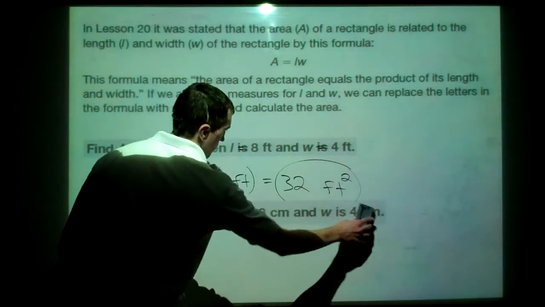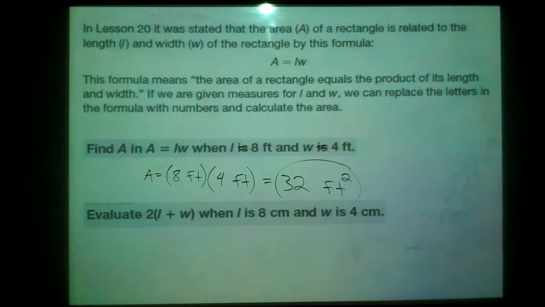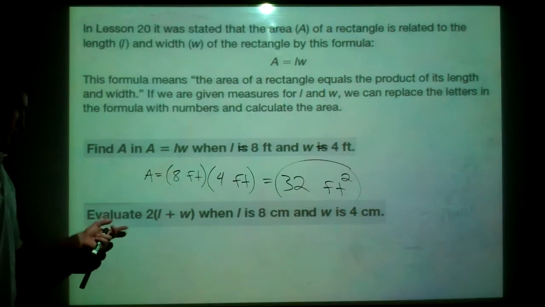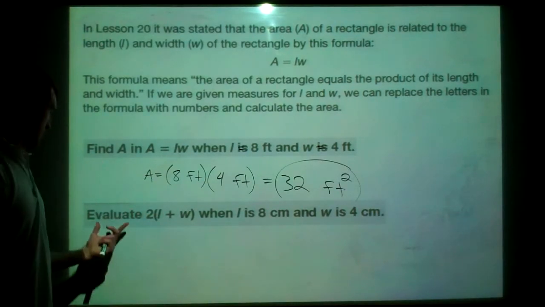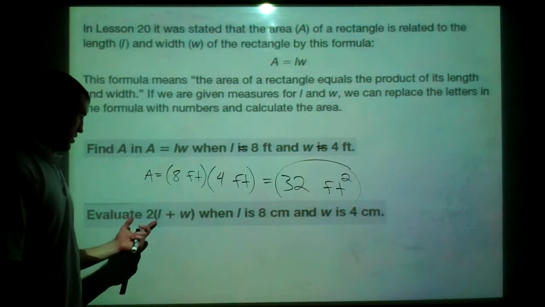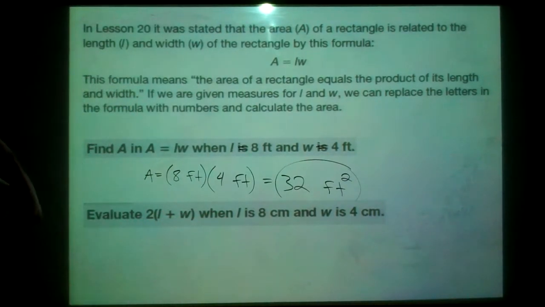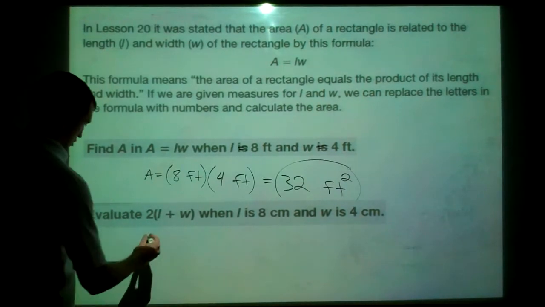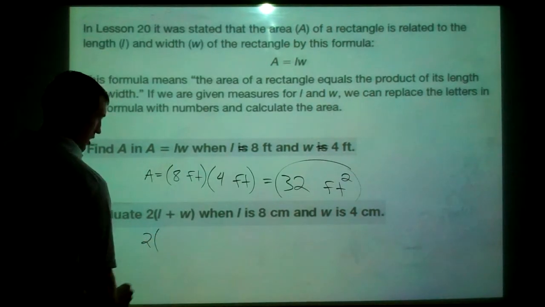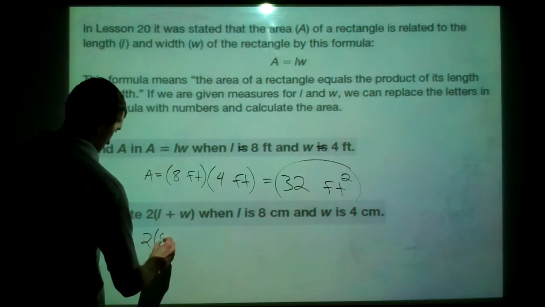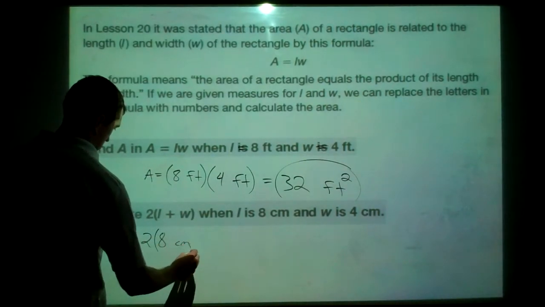So let's take a look at this one. Erase that. Okay. Evaluate. And that's usually what they tell us when we're going to be replacing letters with numbers. To evaluate 2 times (L plus W) when L is 8 centimeters and W is 4 centimeters. So 8 centimeters and 4 centimeters. I'm going to replace L with 8 centimeters.